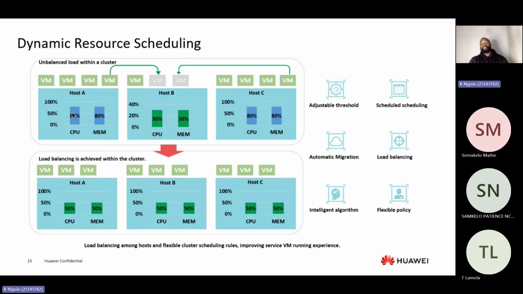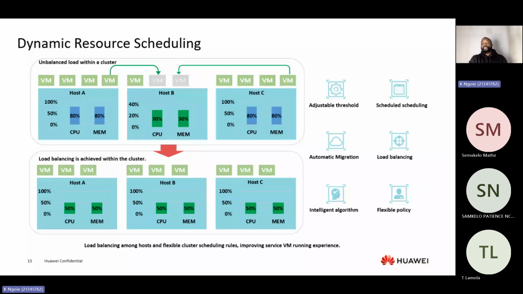Maybe the CPU needs to use a certain amount, maybe 80% of the memory is being used. So a certain virtual machine needs to use a certain capacity.